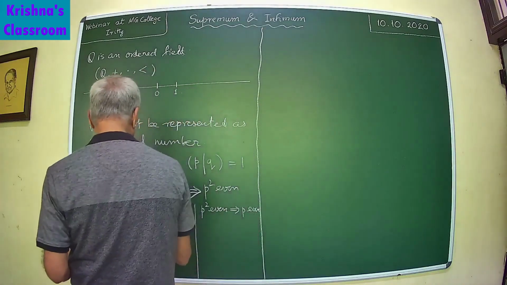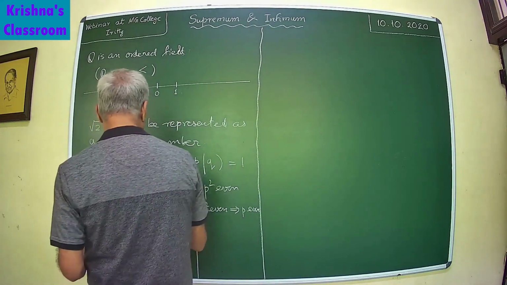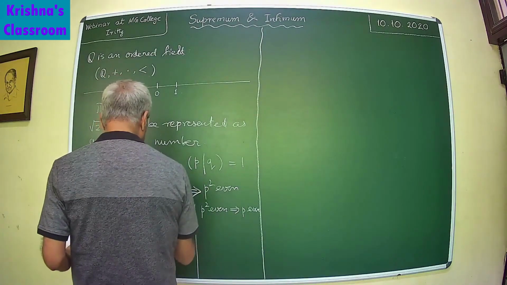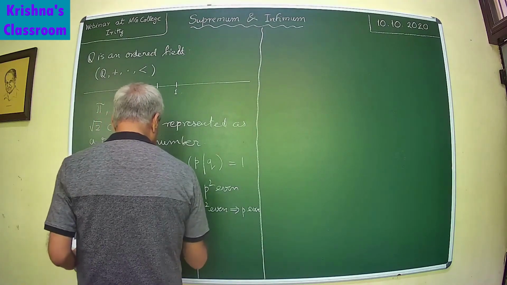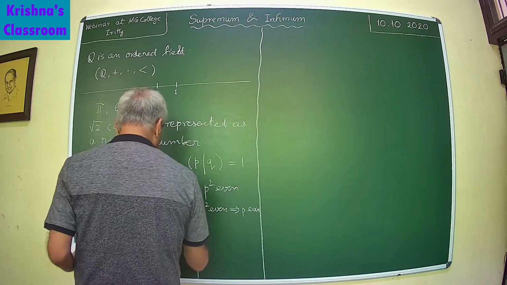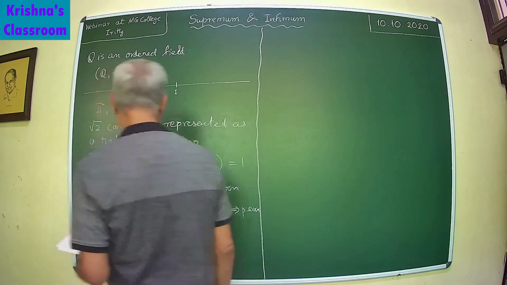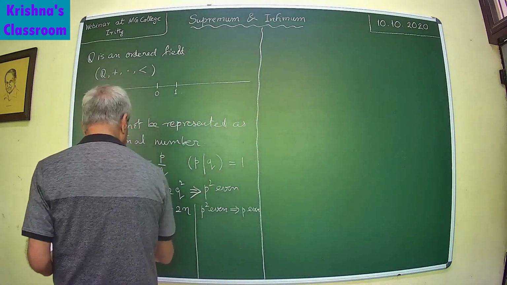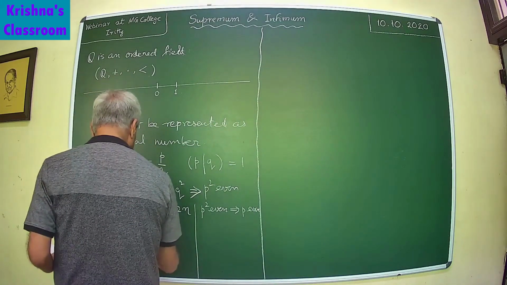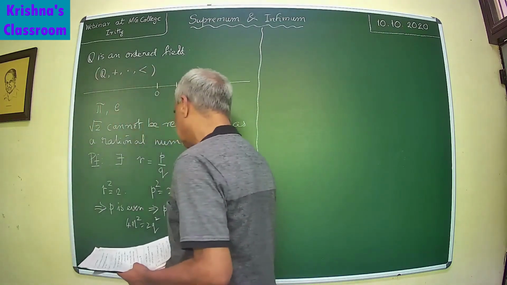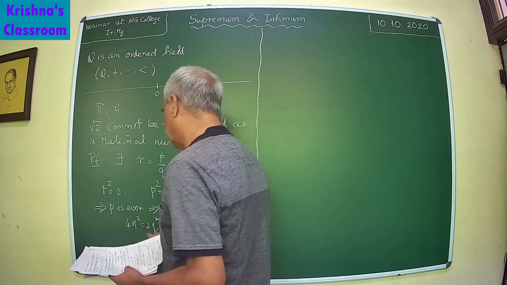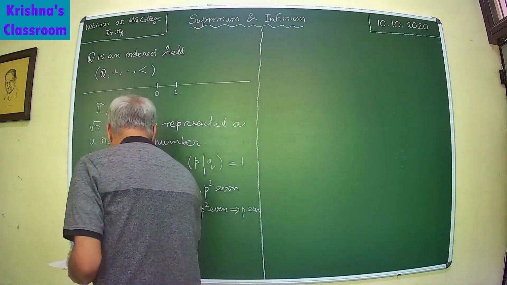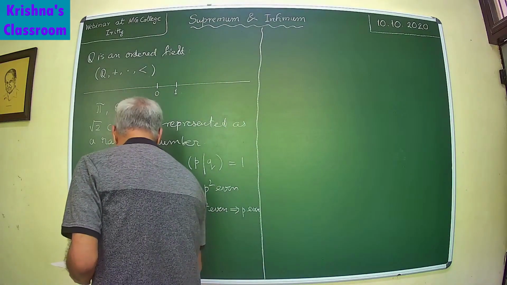Therefore, P can be twice some integer n. If so, you get 4n square equal to 2q square. Taking out the common factor, you see that 2n square equal to q square. So q square is even.